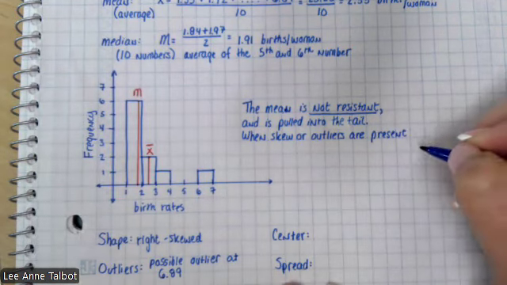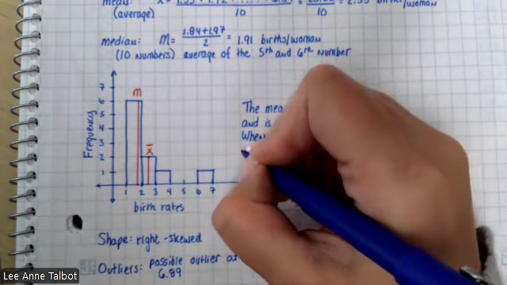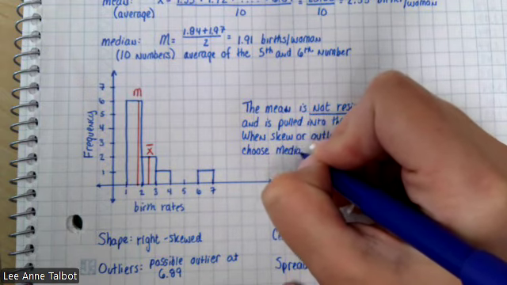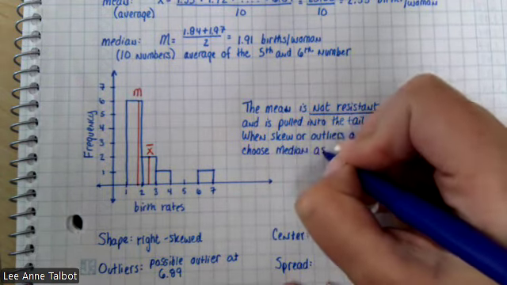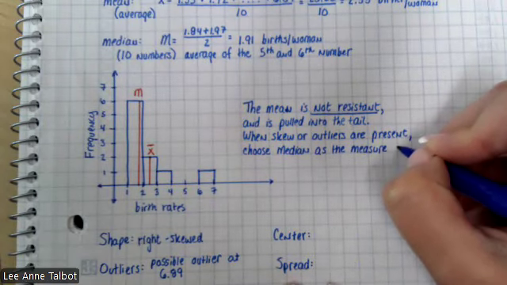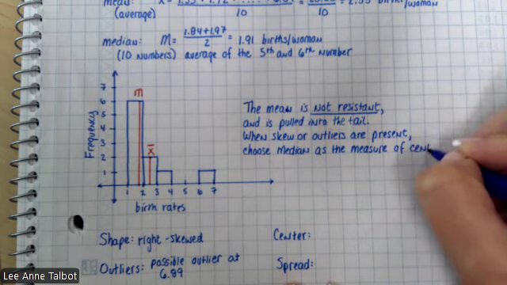When skew or outliers are present, choose median as the measure of center.